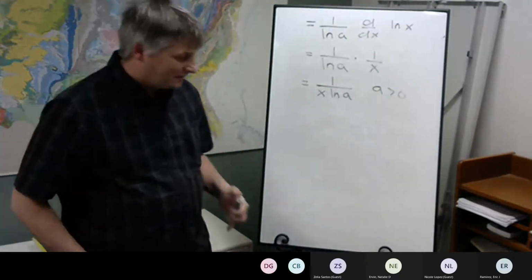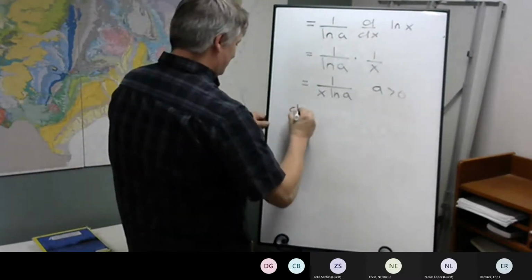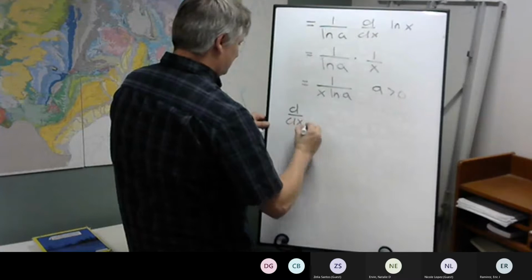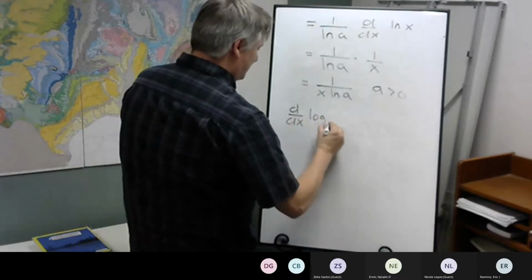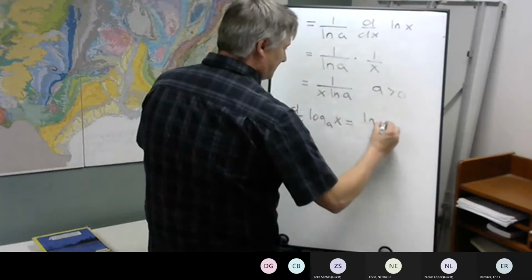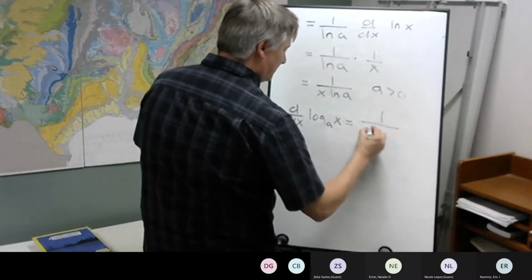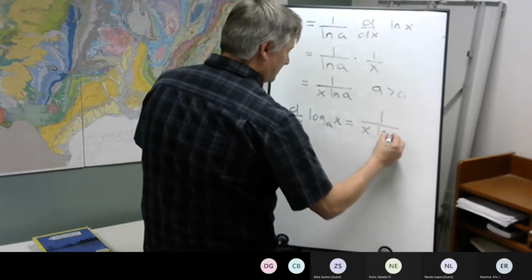All right. So what this basically says is this. d dx of log base a of x is 1 over x ln of a.